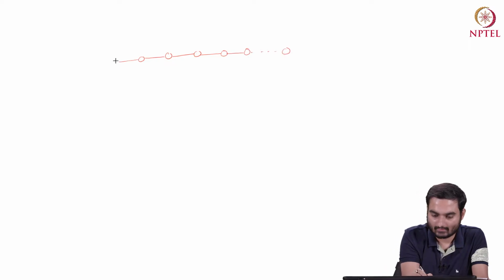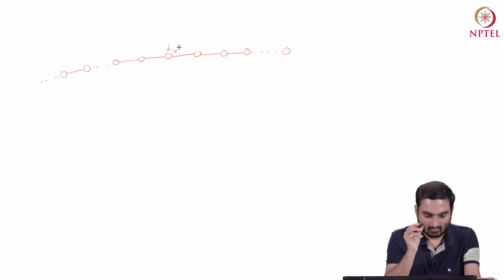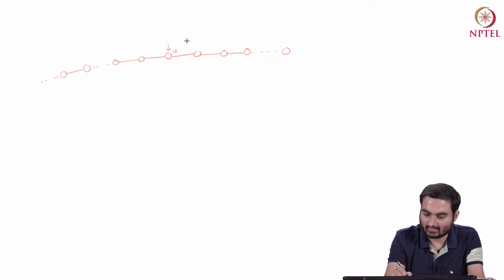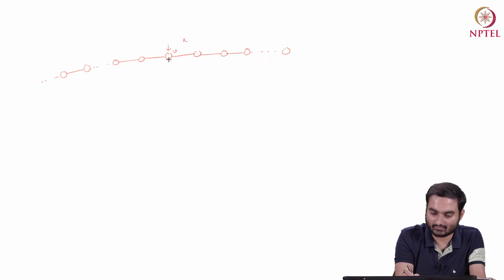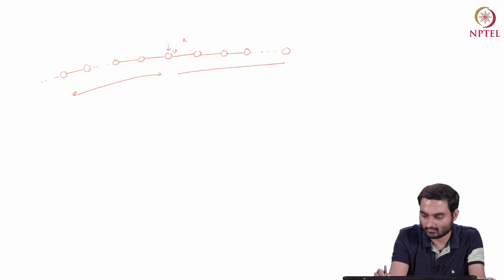Okay, and let's only focus on a particular node called V. All right, so the degree is k, therefore V is connected to k by 2 nodes on this side and k by 2 nodes on this side.